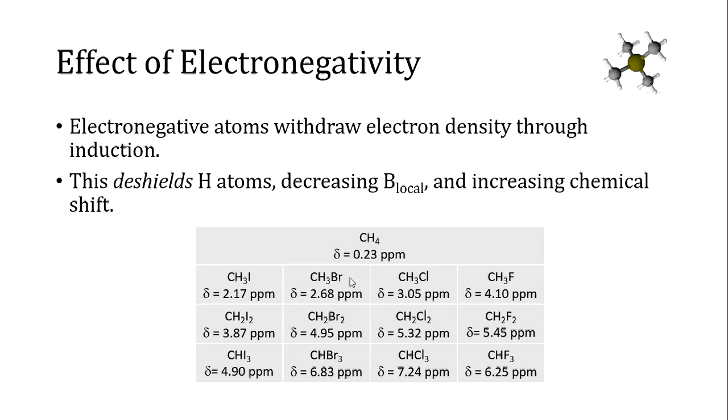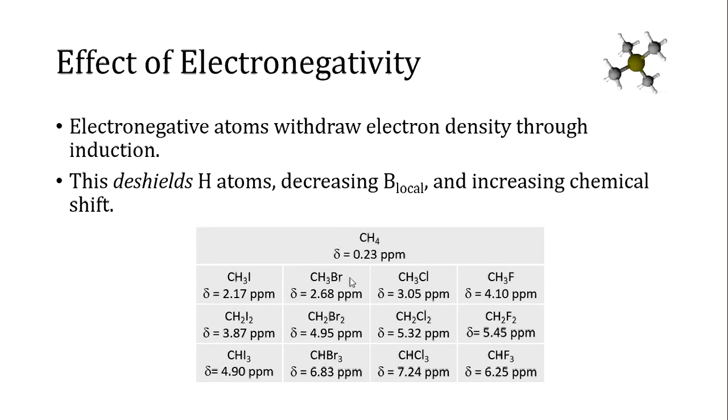This table also highlights an important rule about chemical shift. In the presence of multiple things that deshield your protons or increase the chemical shift, those effects are additive. So one iodine atom deshields a little bit, 2 iodine atoms deshields more, 3 deshields even more.